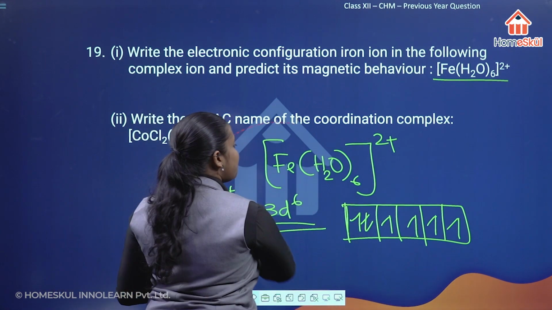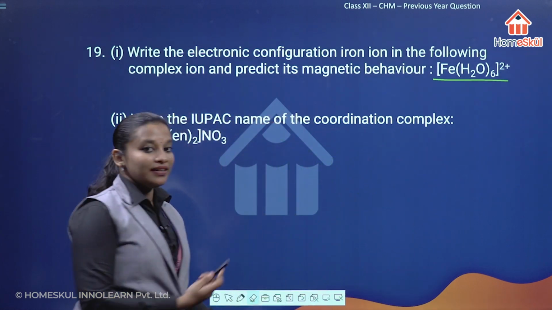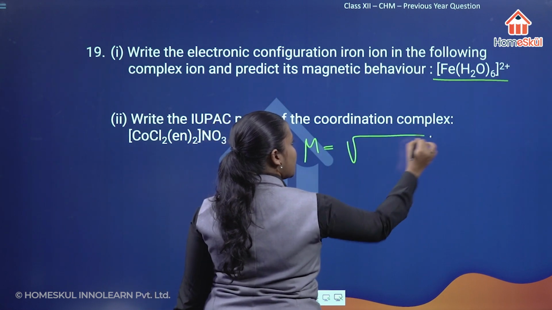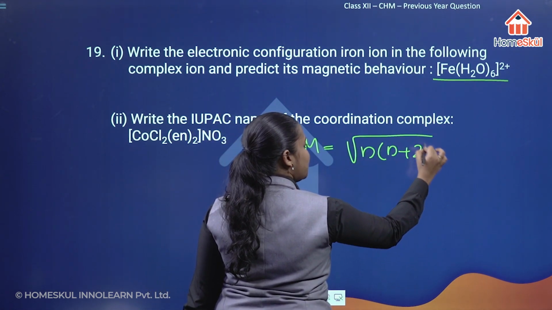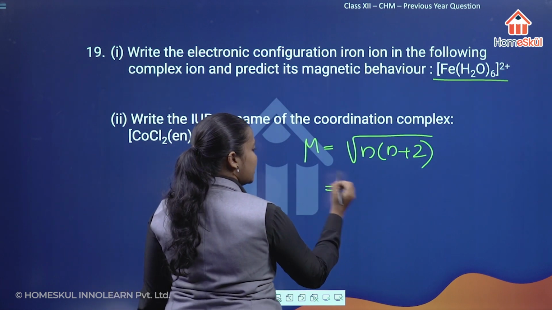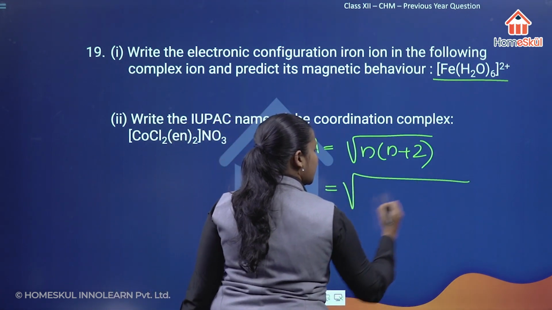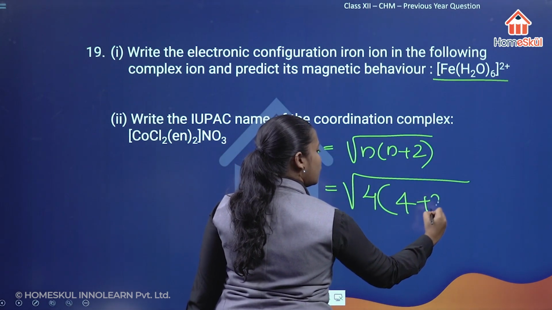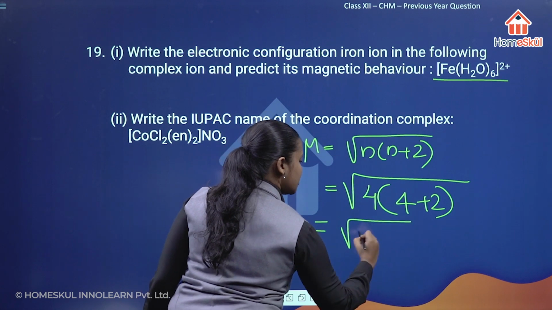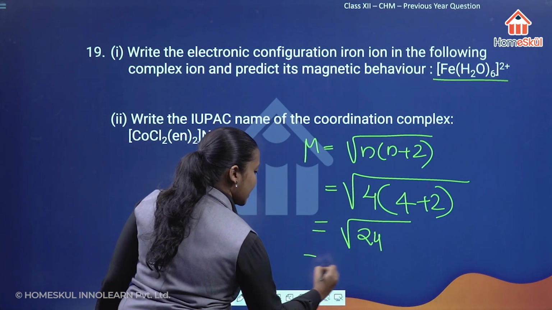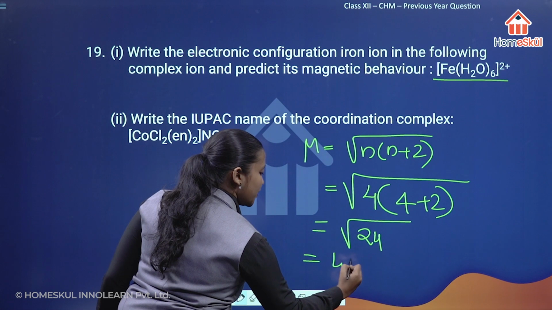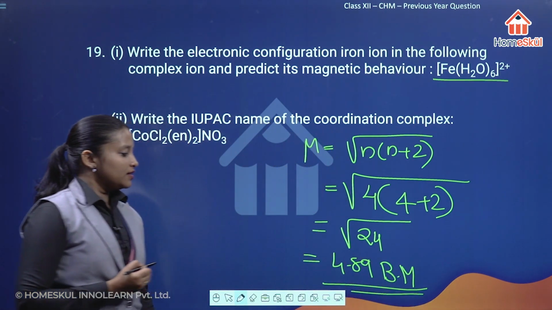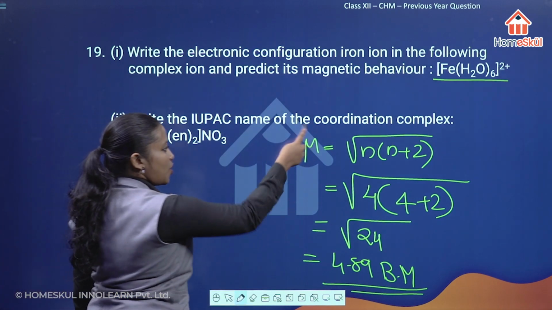Then we have to find its magnetic moment. There is a formula for that: mu is equal to the root of n into n plus 2, where n is the number of unpaired electrons. The number of unpaired electrons is 4. 4 into 4 plus 2, that is root 24, we get 4.89 Bohr magneton, which is paramagnetic in nature. This is the magnetic moment of this compound.